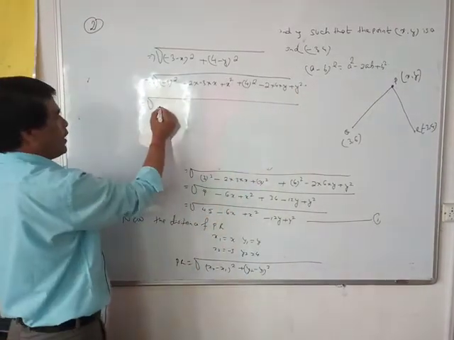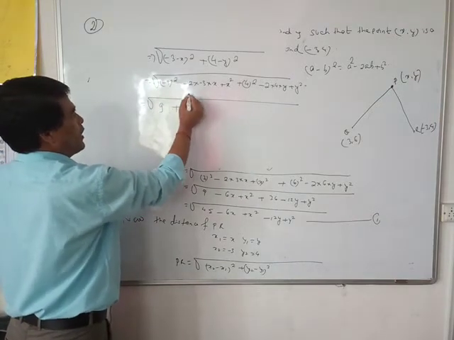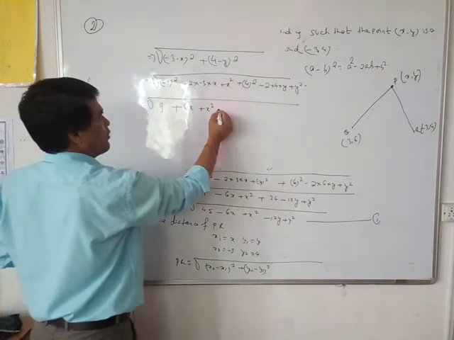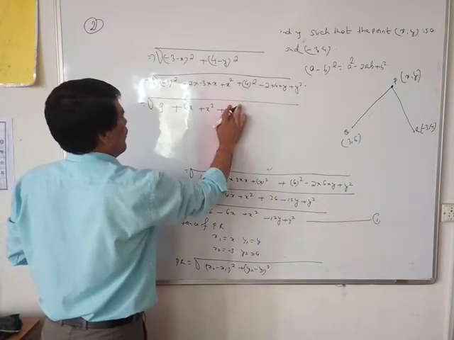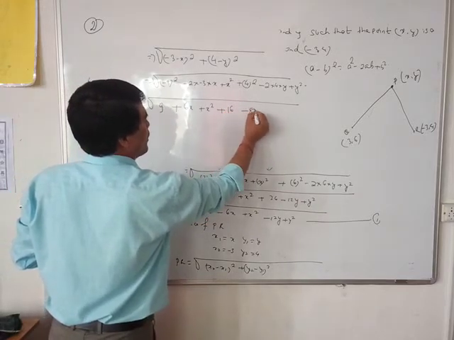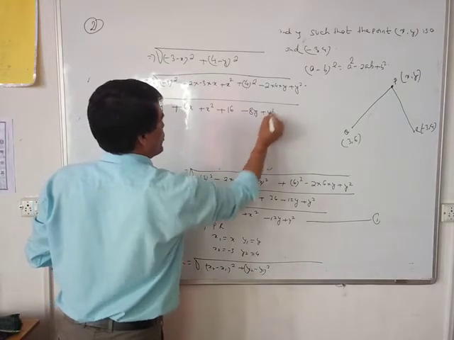Then minus 3 square is 9, minus into minus is plus, 3 twos are 6x plus x square plus 4 square means 16 minus 8y plus y square.